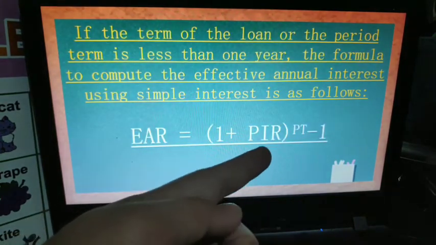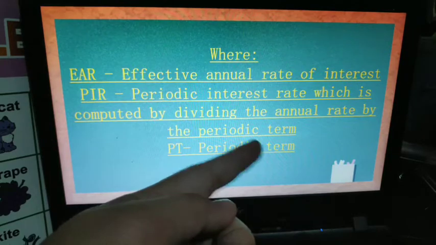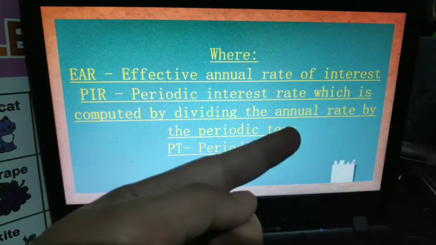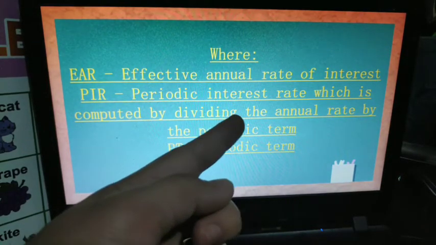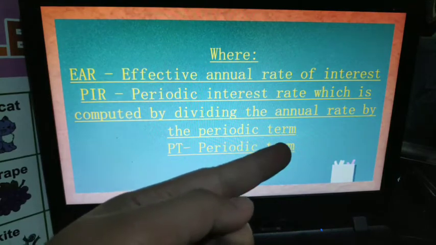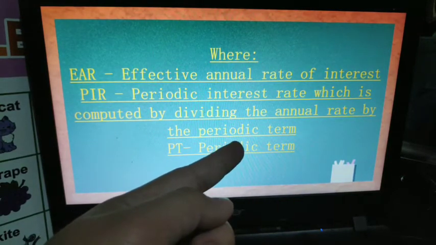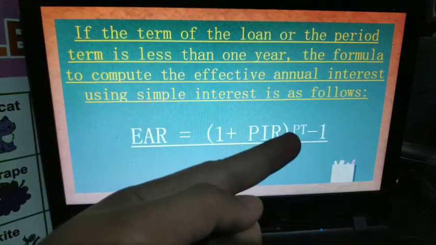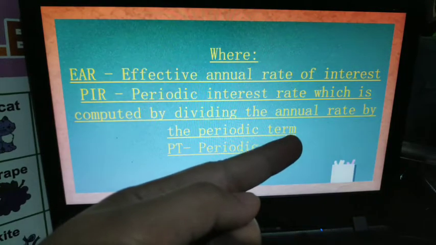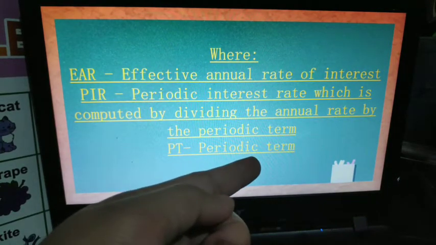PIR means periodic interest rate, which is computed by dividing the annual rate by the periodic term. PT is the periodic term.